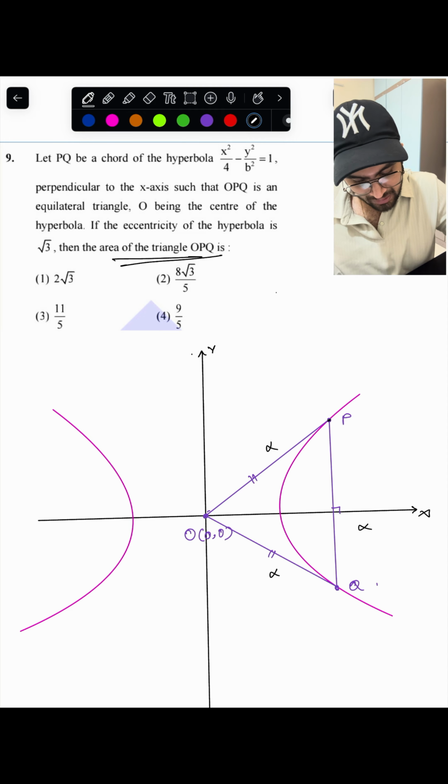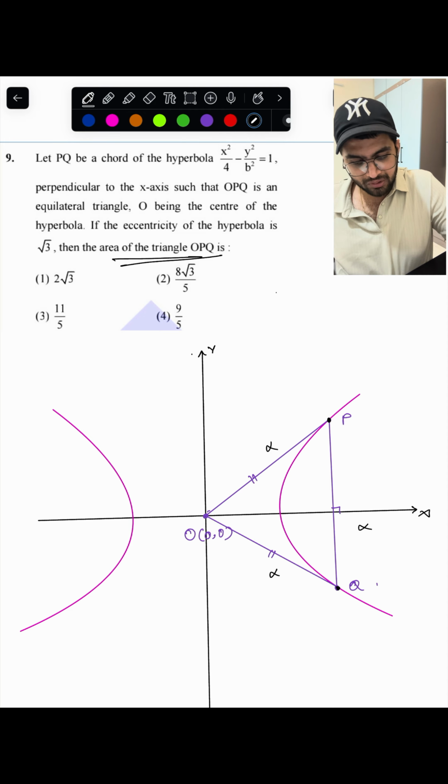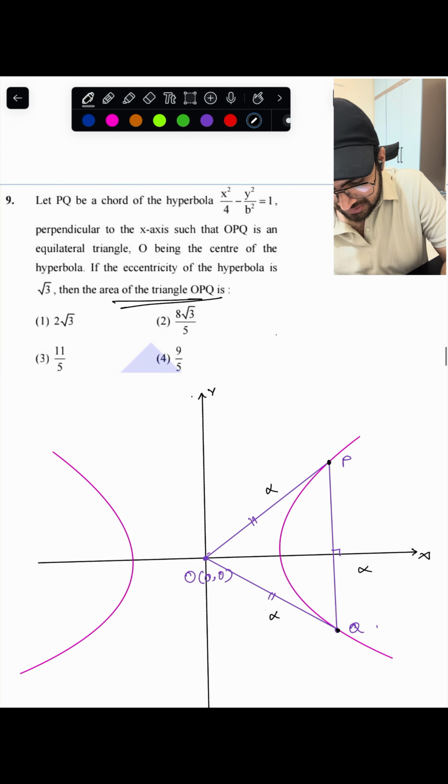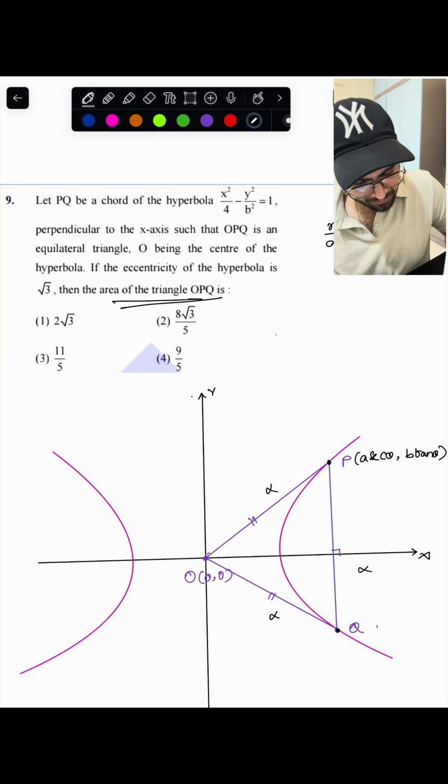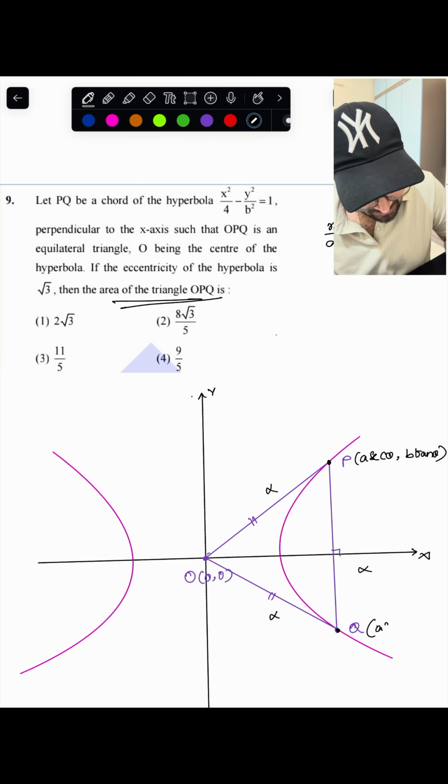As P and Q are points on the hyperbola, let us consider the hyperbola as x square by a square minus y square by b square equals 1. Now I can assume P as (a secant theta, b tan theta). As PQ is perpendicular to the x-axis, I can assume Q as (a secant theta, minus b tan theta).